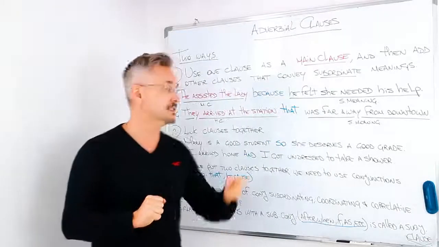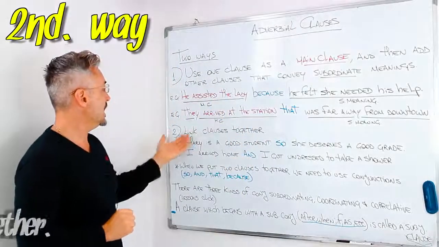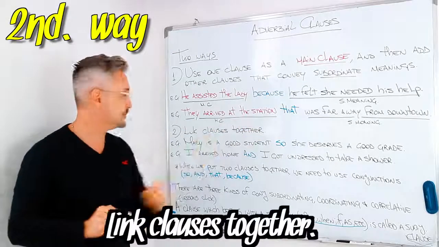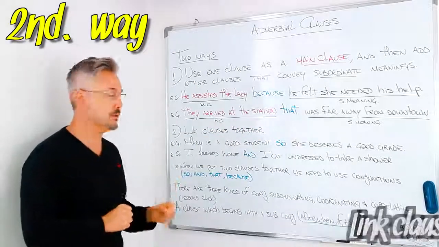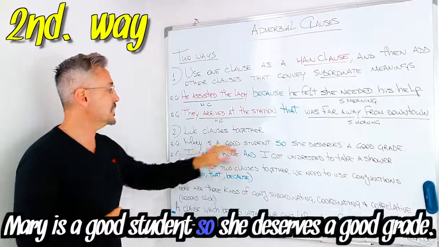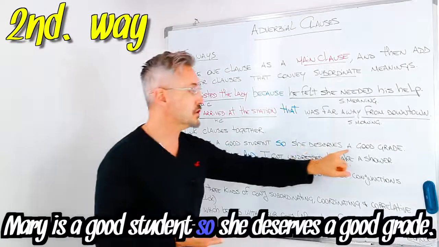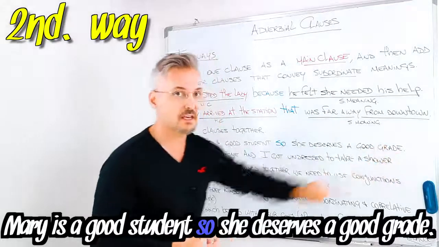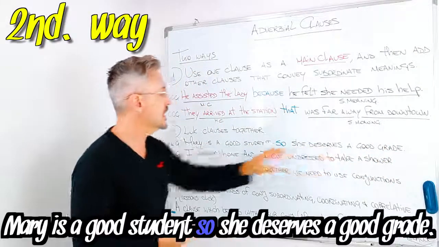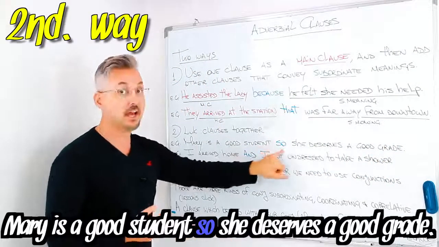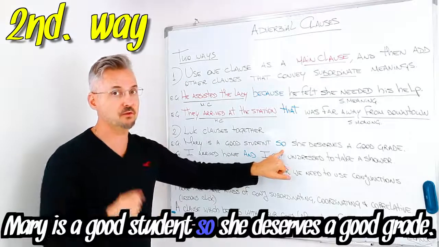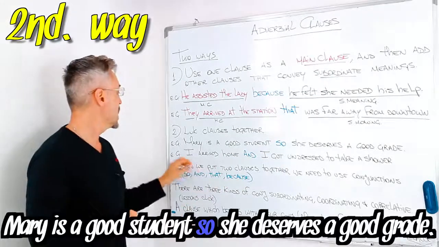Let's take a look at the second usage. We can link clauses together. So the example: Mary is a good student, so she deserves a good grade. So these are two clauses linked by a conjunction. I'm going to get to that in a minute.